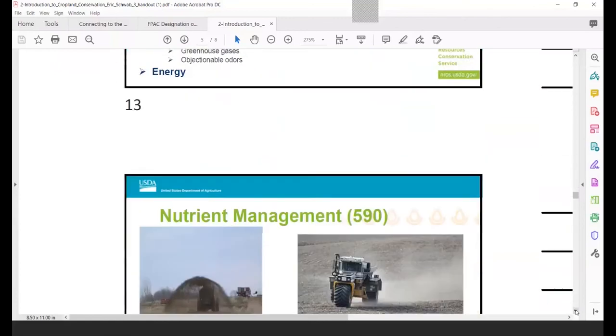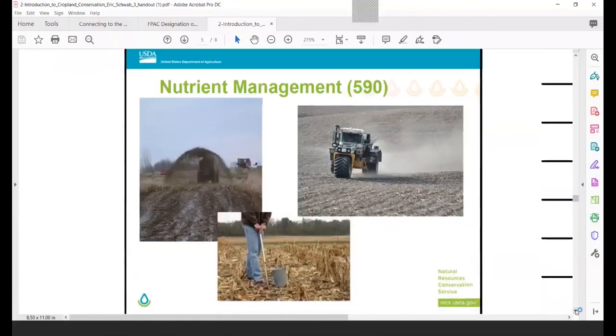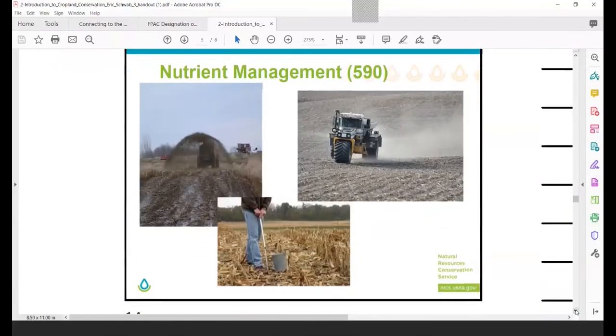So the nutrient management standard is based basically on a nutrient budget. I think here in the Northeast, we're always going to be doing soil samples. The soil tests for phosphorus and potassium are correlated with yield response and will generate recommendations for P and K, phosphorus and potassium, and those applications will be based on those soil samples.